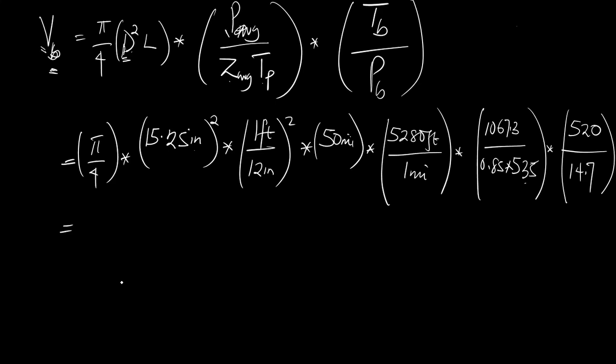Now times 15.25 square, divided by 12 square, which is 144, times 50, times 5280, now times 1067.3, that's our average pressure, divided by 0.85, divided by 535, times 520 divided by 14.7.